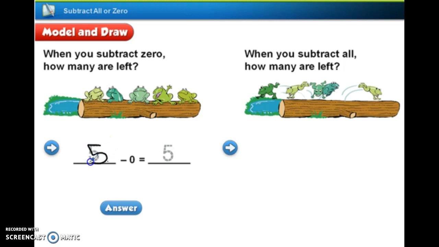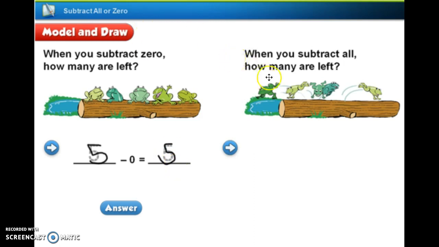Trace over the number 5. We minused 0. So we were left with, let's just count again to make sure we know. 1, 2, 3, 4, 5. Trace over the number 5.